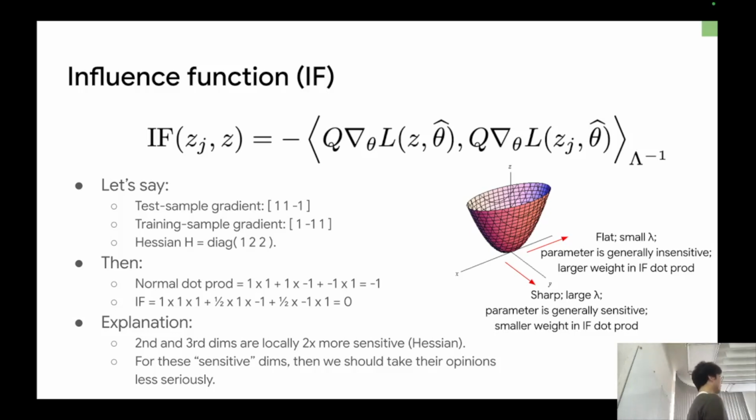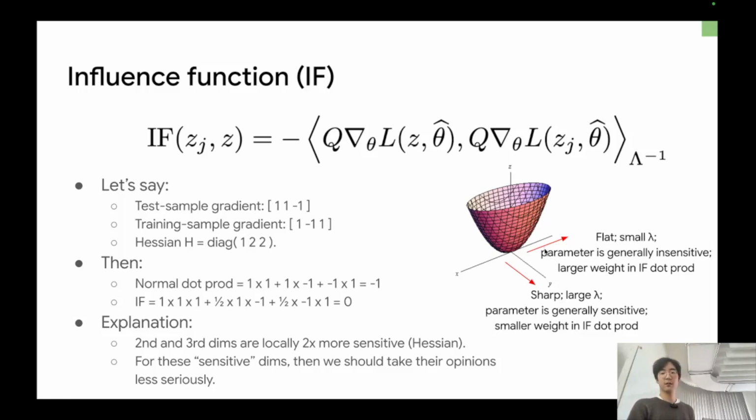So again, the Hessian is giving you some intuition about the curvature of the loss landscape at a local point. So you'll have some directions where loss is changing more gradually, and you'll have some directions where the loss is changing much more quickly. So you can think of this kind of plot.